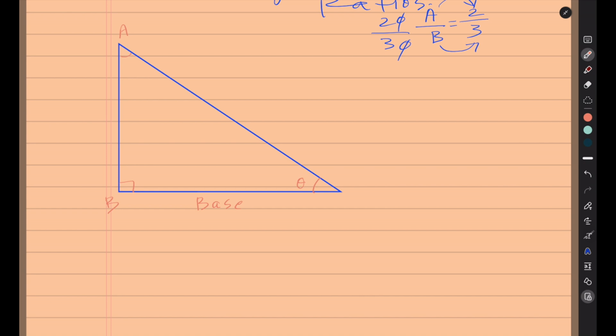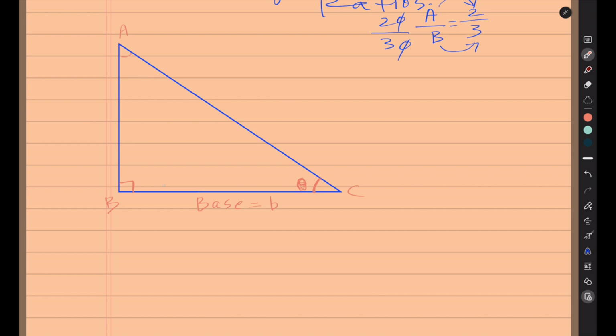Base is, as you know, the side on which everything else depends. The base, or B, of a triangle is the side on which the 90-degree angle and one of the angles, theta, which we have defined, both lie. That is a basic definition of base.